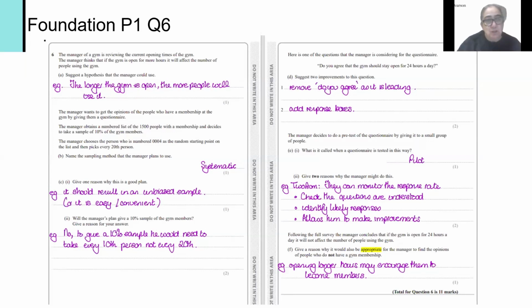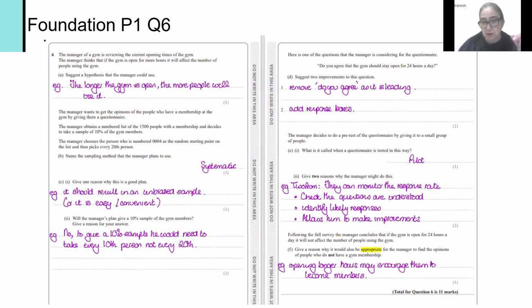Right, next question, we're looking at foundation paper 1, question 6, giving reasons. So this one, again, you're not being asked to say whether it's appropriate or not appropriate. There's almost a theme coming through, that one of the resources I attempted to look at doing was almost saying whether it's appropriate or not, so it was using more of that phrasing.